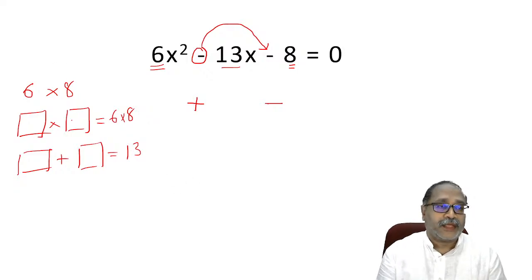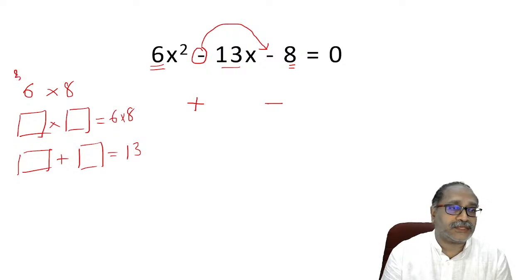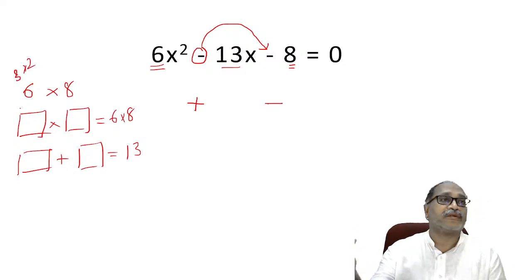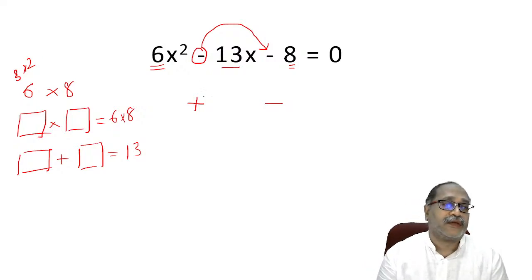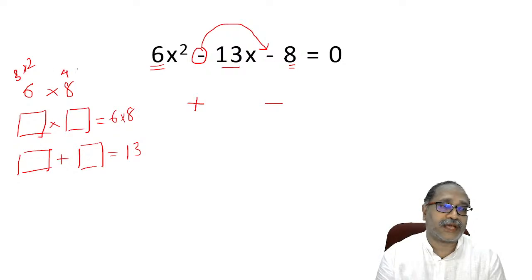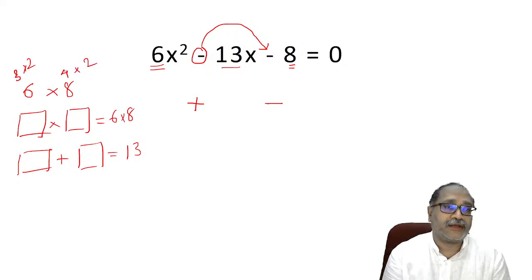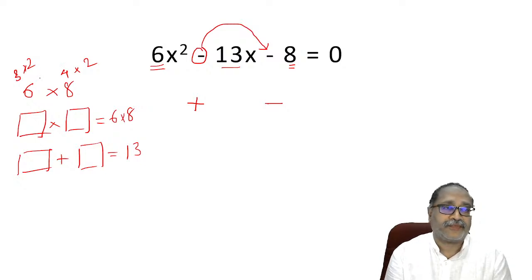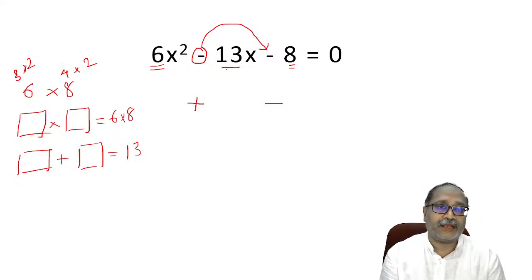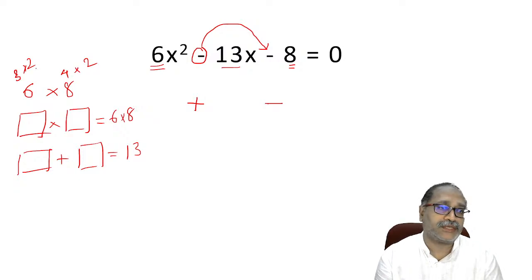Now here I can write this as 3 into 2. Break it into prime numbers. And here I can write this as 4 into 2, 8. I notice that this is 6 and this is 8. No, no, no, I need 13. So this is 8 and this is 6.